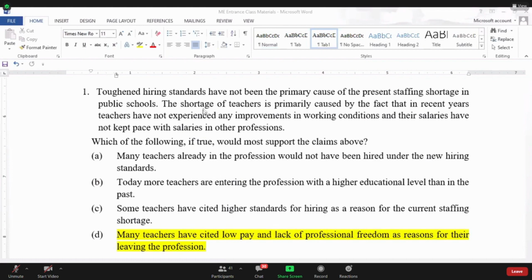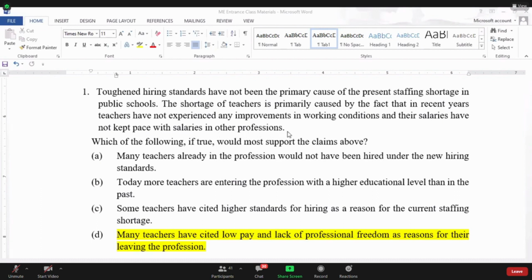Isn't it? The shortage of teachers is primarily caused by the fact that in recent years, teachers have not experienced any improvement in working conditions, and their salaries have not kept pace with salaries in other professions.